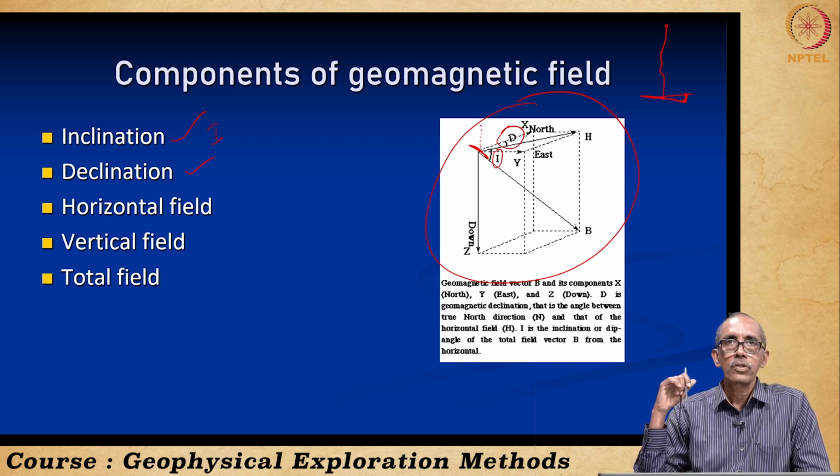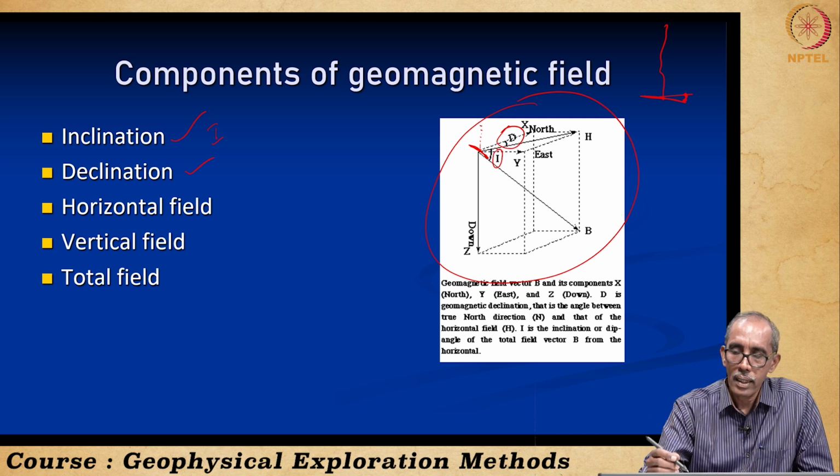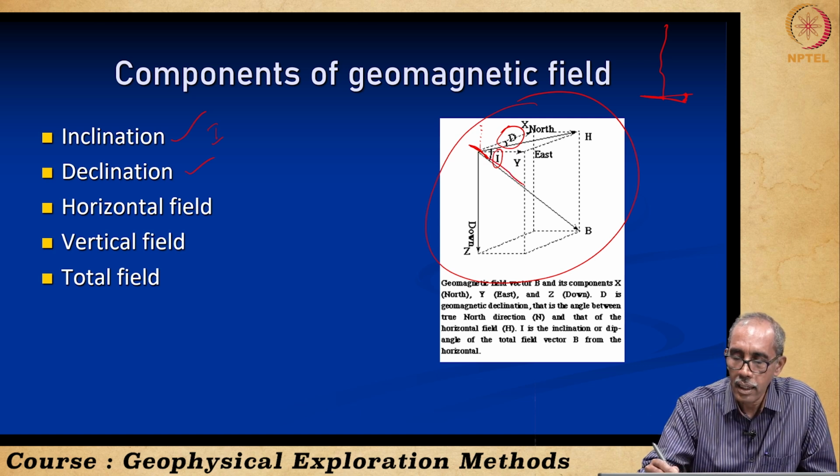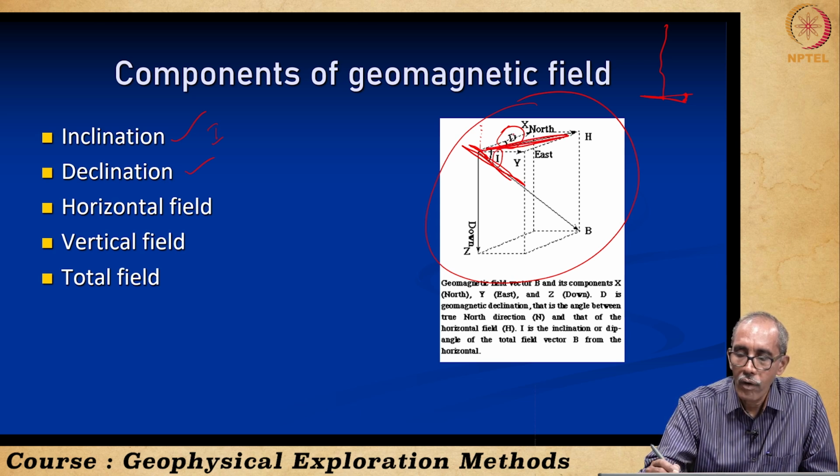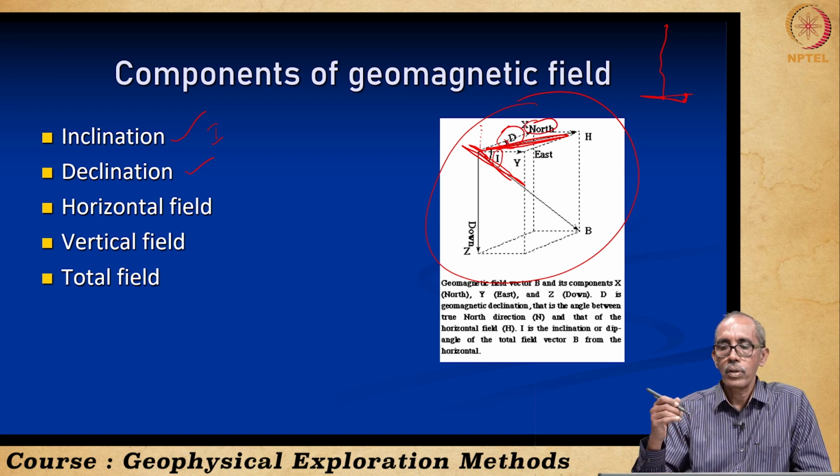That is known as declination. Hope you can understand. This is the direction of the magnetic needle. You project this to a horizontal plane, the projection is this, and the angle it makes with the geographic north is known as declination.